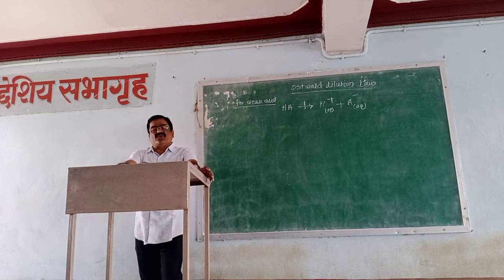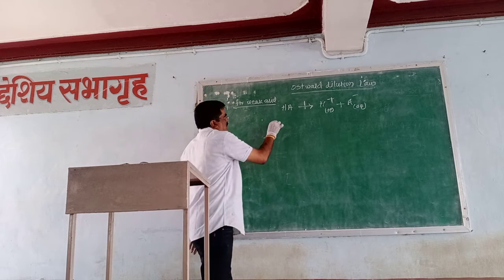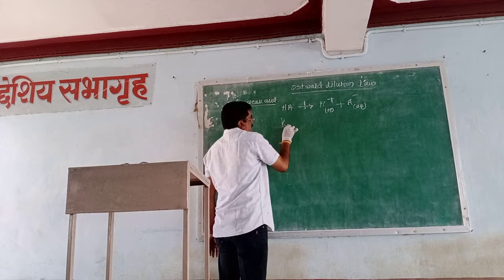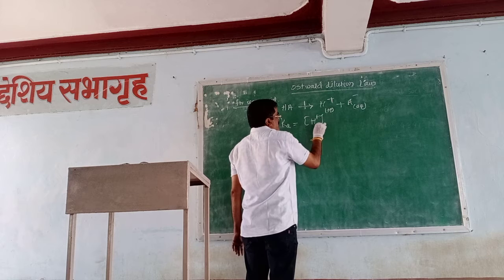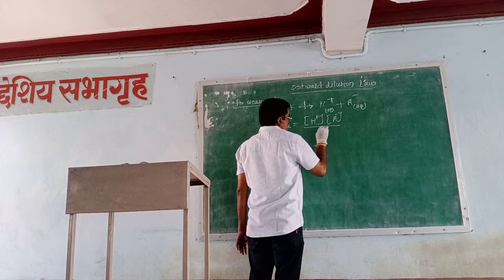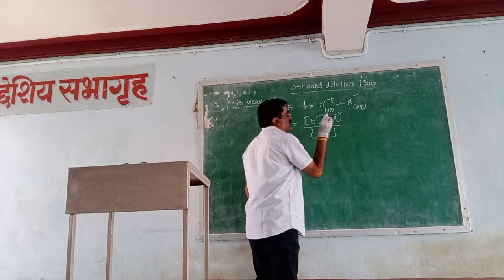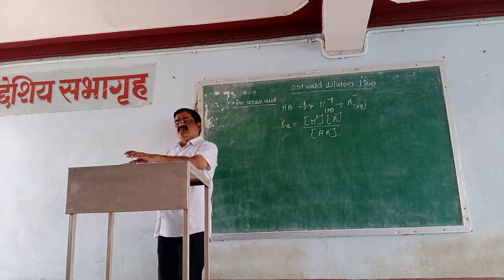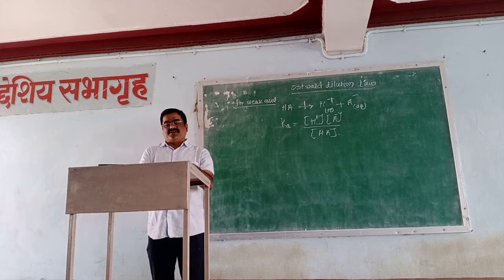The dissociation constant for this weak acid HA is Ka, which is equal to the concentration of H plus times the molar concentration of A minus divided by the molar concentration of HA. This is the dissociation constant for the weak acid.